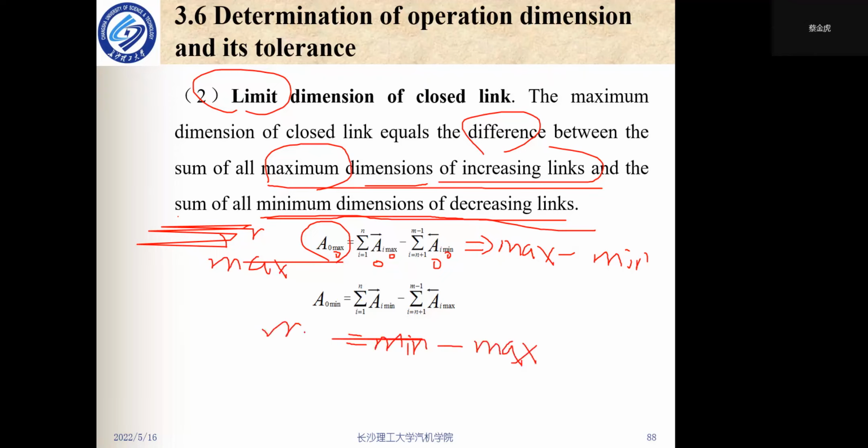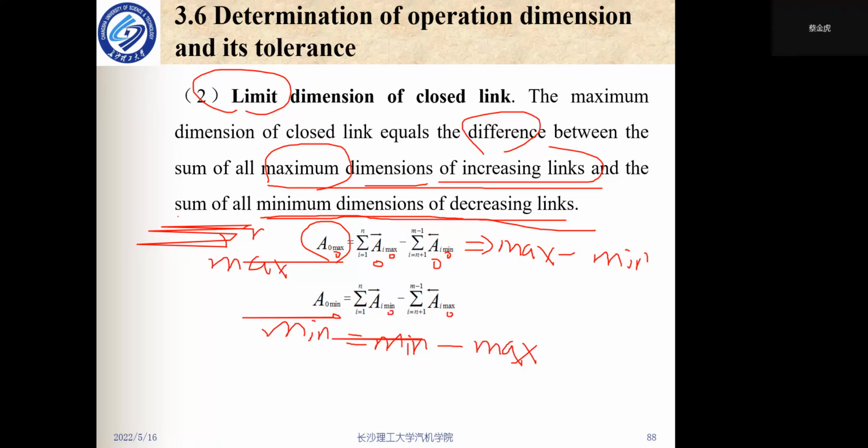Then we get the left side, the minimum value. This one is the minimum and this one is the maximum. We use minimum minus maximum, we get the minimum value.